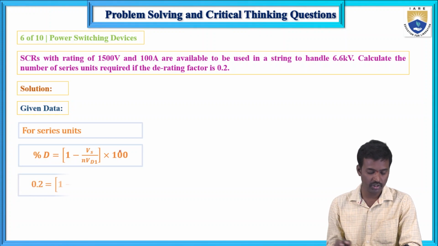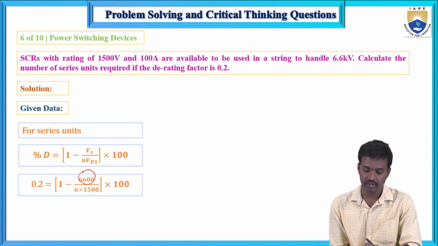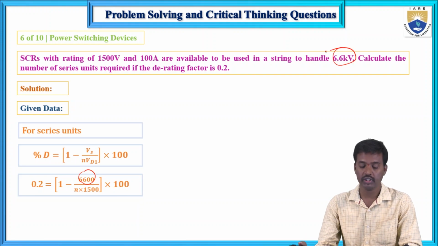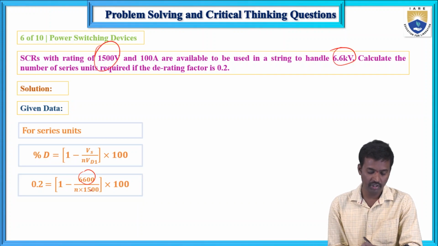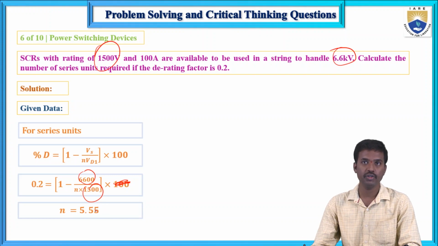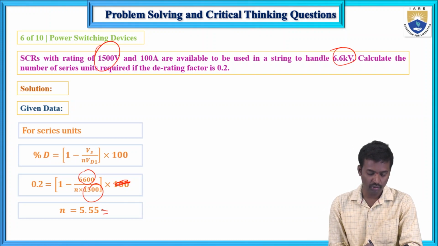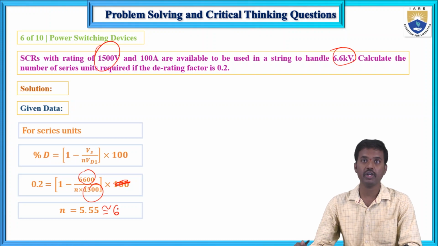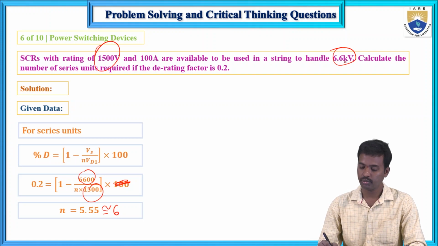Substituting, the derating factor is 0.2, Vs is 6600 and Vd1 is 1500. From this you can determine the number of series units connected, which equals 5.55. That means almost 6 series SCRs are needed to handle this 6.6 kilovolts, instead of the rated 5 SCRs.